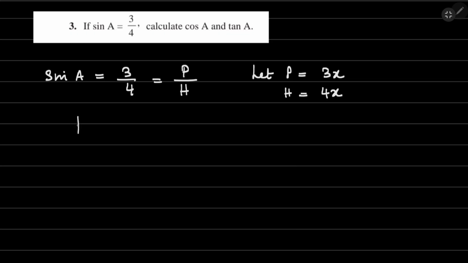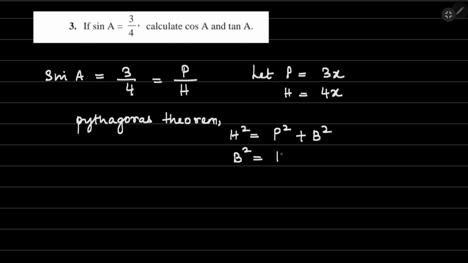So using our Pythagoras theorem, we know that h square equal to p square plus b square, and base square is nothing but h square minus p square. What is h square? 4x the whole square minus 3x the whole square.